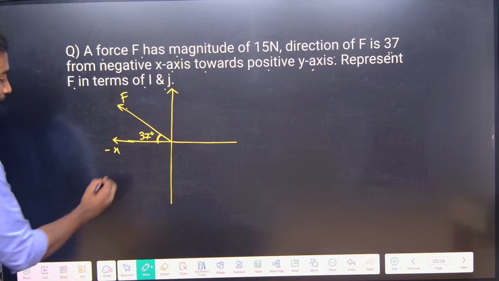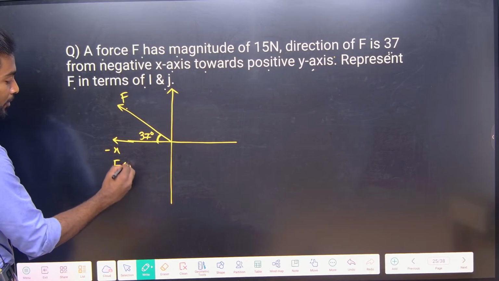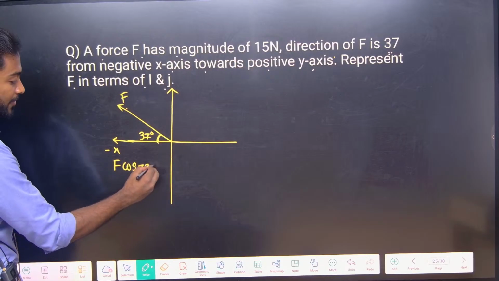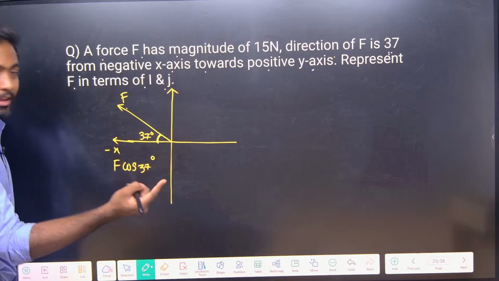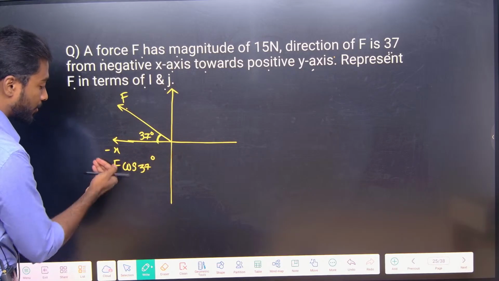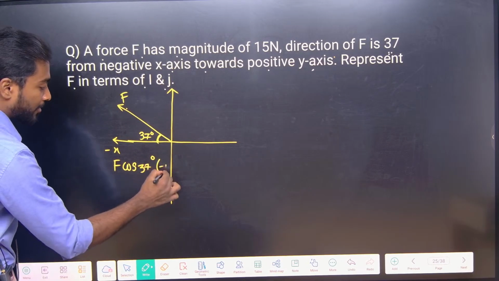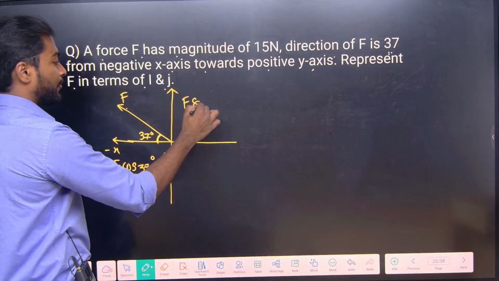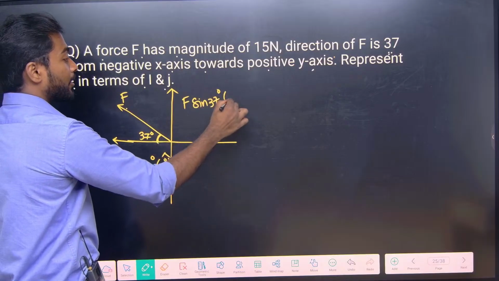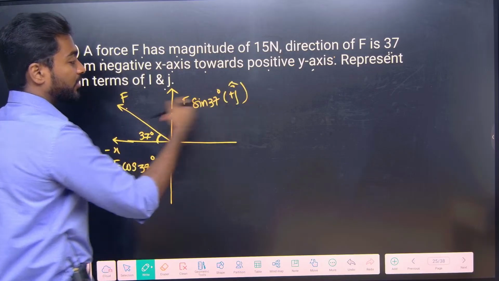So F can be written as F cos 37 degree, minus i or plus i? This is minus i cap. And this one is F sin 37 degree, plus j cap, positive y axis.